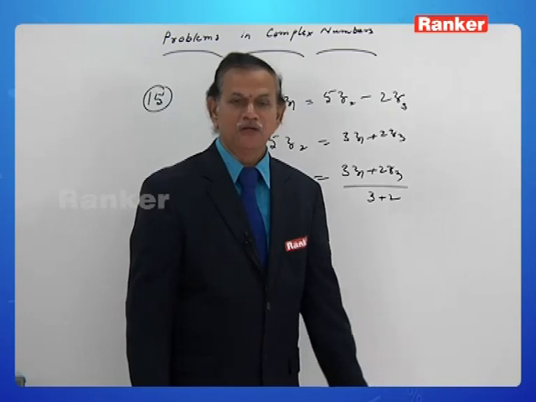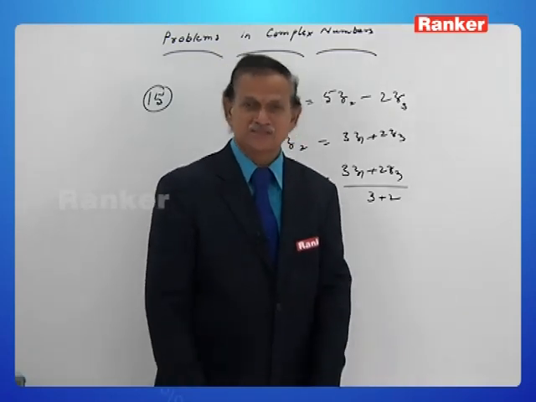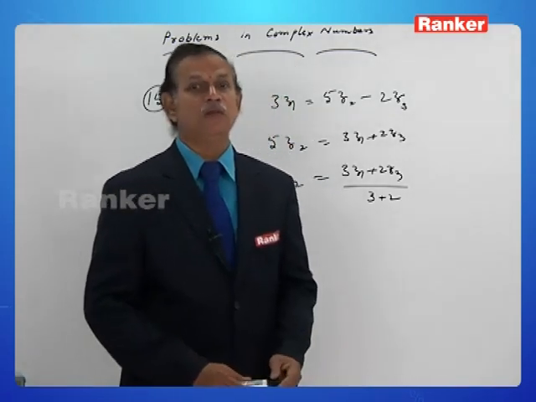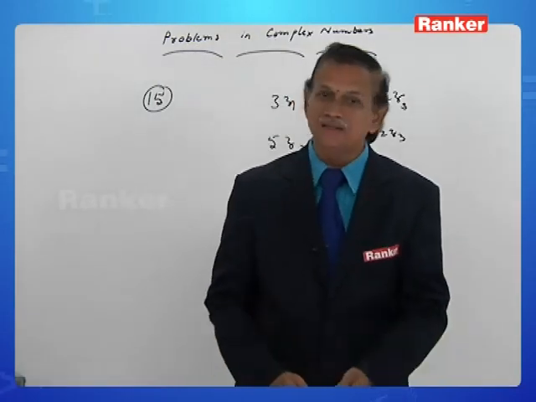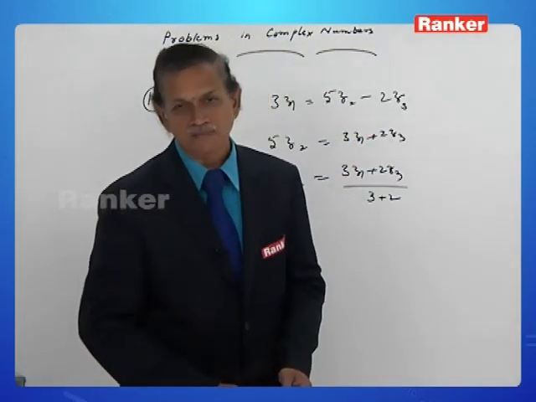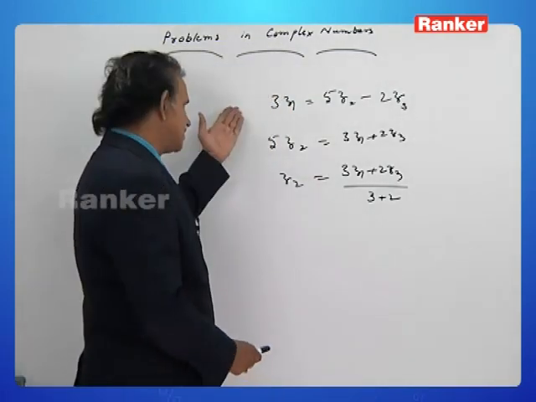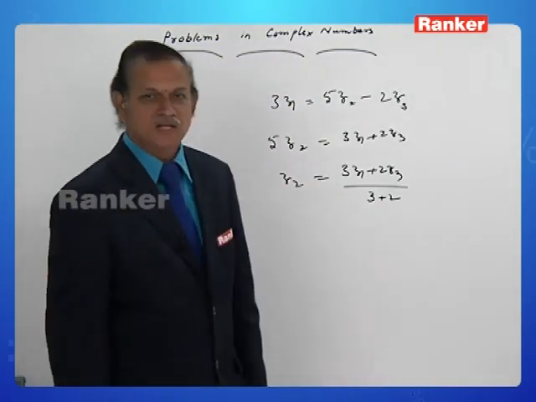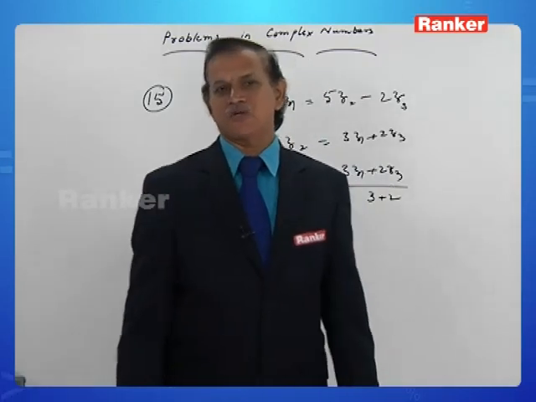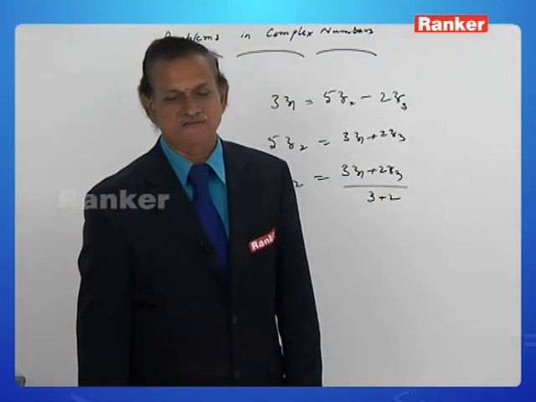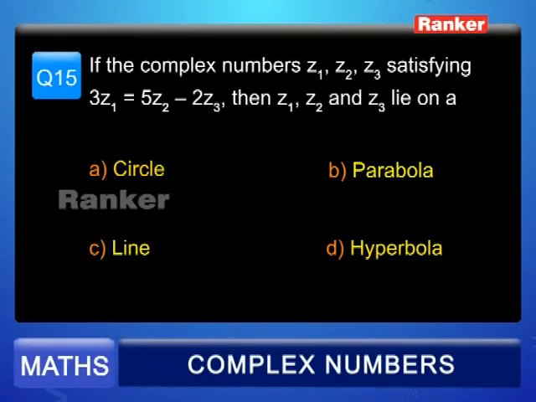Such a division is possible when and only when those 3 points are collinear, that is, they should lie on a line. Even by looking at the first step itself, you can recognize that those 3 points are surely collinear. Hence, they should lie on a line. Option C, the third option, is the correct option.